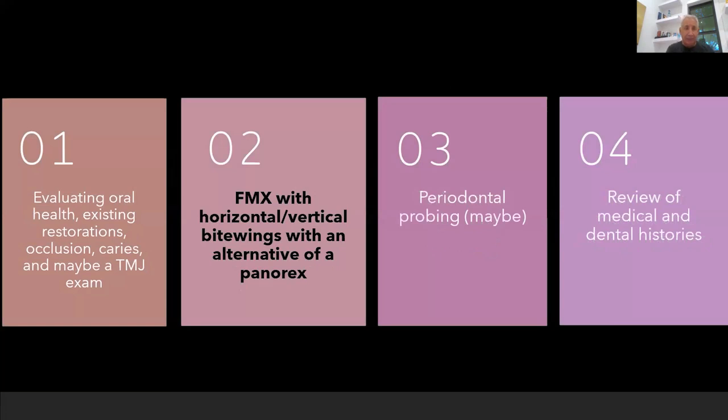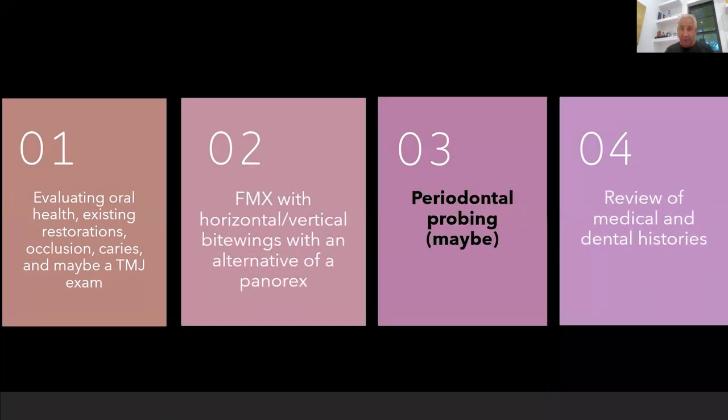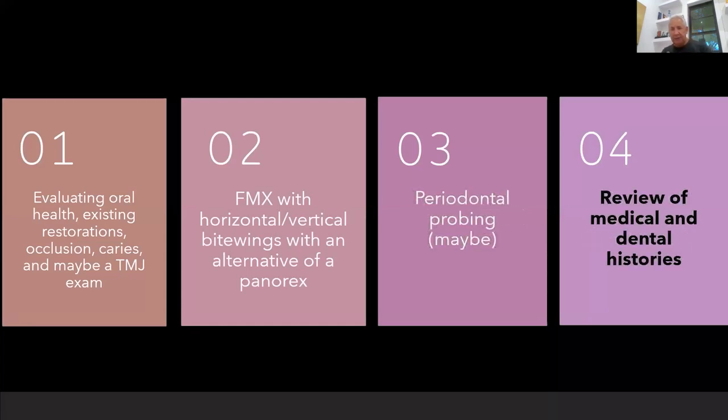Dentists would routinely take an FMX, horizontal or vertical bitewings, maybe a Panorex. That came around in the late 60s. Routinely, we should all be doing periodontal probing. I mean, it should be routine.